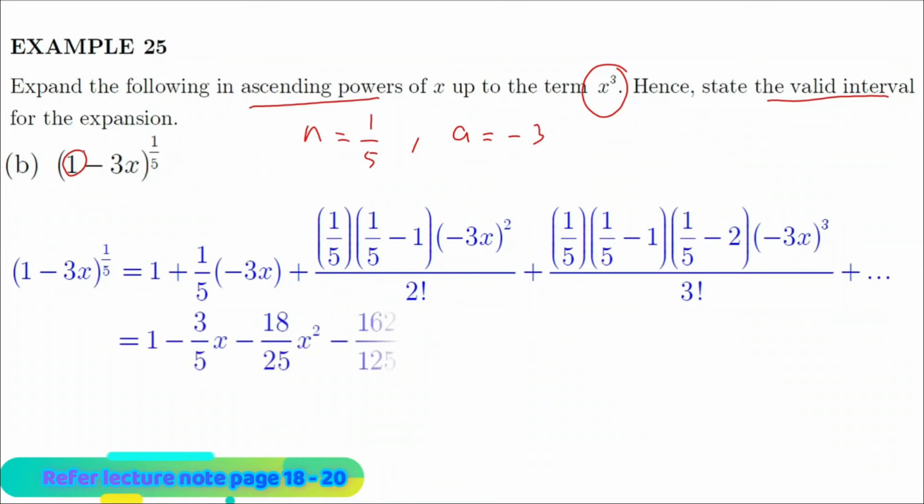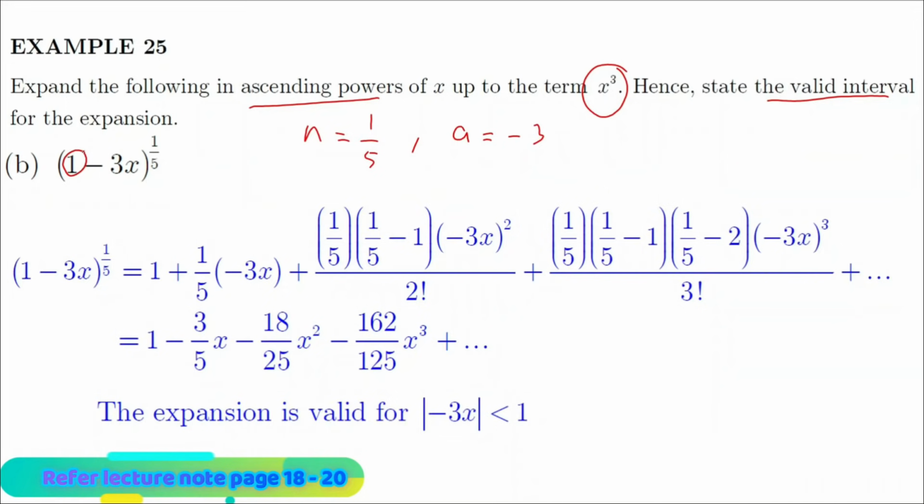We then have 1 minus 3 over 5 x minus 18 over 25 x squared minus 162 over 125 x cubed plus so on. And don't forget, the expansion is valid for the modulus of minus 3x less than 1, which is x between minus 1 over 3 and 1 over 3. And we're done.